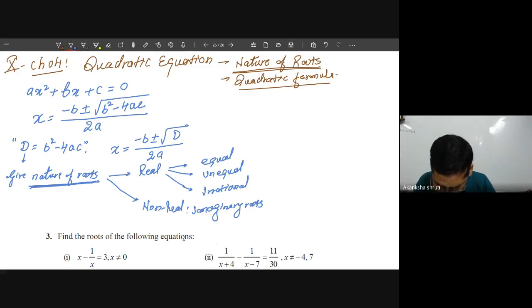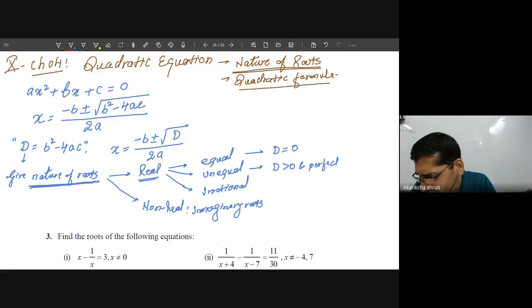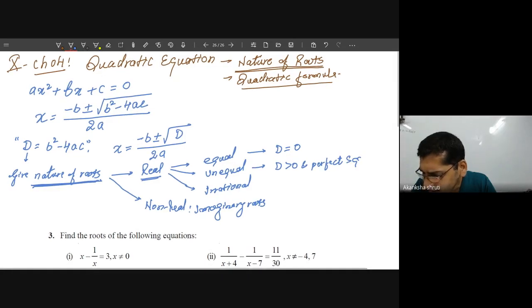For equal and real roots, the discriminant value is always 0. For real and unequal roots, D is greater than 0 and a perfect square. Means D itself is a perfect square. Say b square minus 4ac is coming as 4, or as 81.